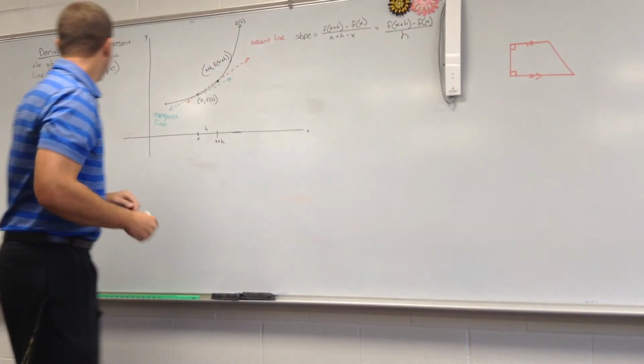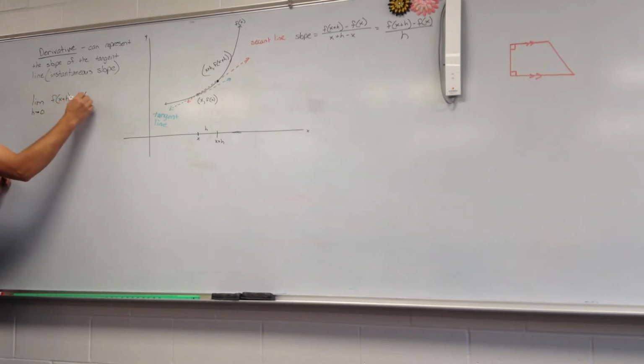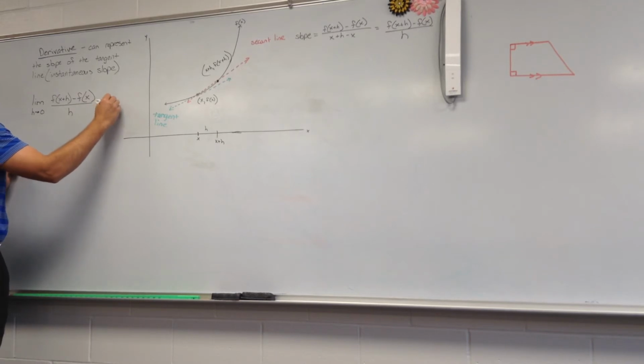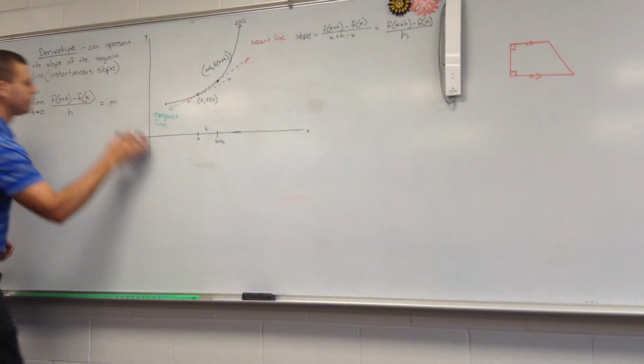And the way you write that is you write the limit, that's what this stands for, as h approaches 0 of f of x plus h minus f of x all over h. That is your, and I'll just write slope of tangent line, that way you know.